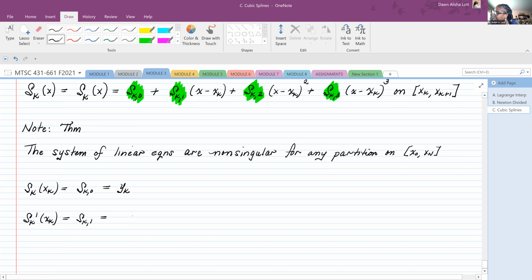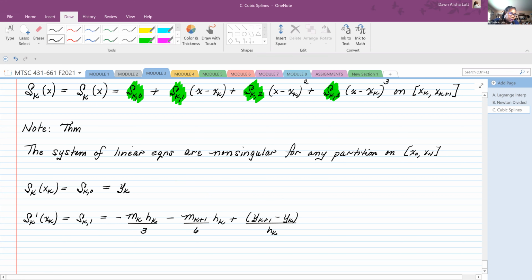But this is negative Mk hk divided by 3 minus Mk plus 1 over 6 times hk plus yk plus 1 minus yk all over hk. I knew we had done it already. I just couldn't find it.